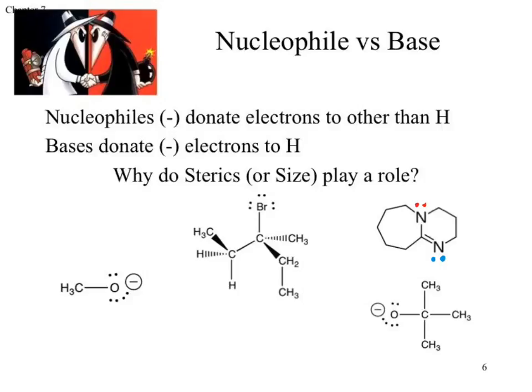Look for the steric bulk. The steric bulk pushes it to act as a base, not as a nucleophile. This compound is used very typically solely as a base because it is sterically massive. When we look at the electron density or the groups attached to each of those nitrogens, there's so much electron density around there that it really can't get in to have those nitrogens act as nucleophiles.